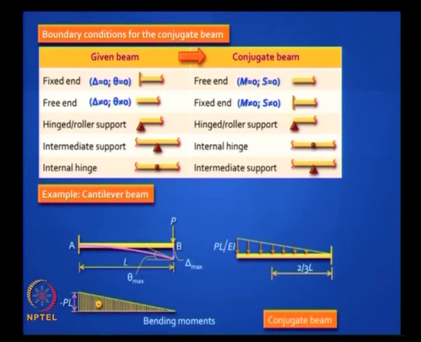On that conjugate beam put the curvature diagram, which means bending moment divided by EI, and then you just analyze the beam. Find the support reaction at B, and you will find that the slope at B is given by the shear force or the vertical reaction at B, and the bending moment gives the deflection at B. So deflection is PL cubed by 3EI, a standard formula, and slope is PL squared by 2EI.